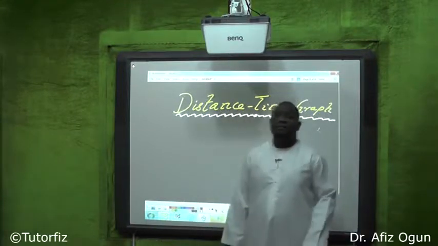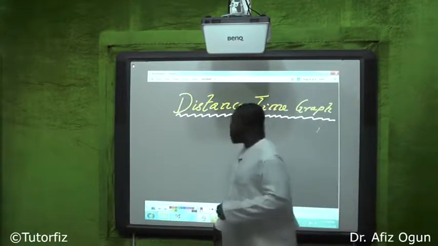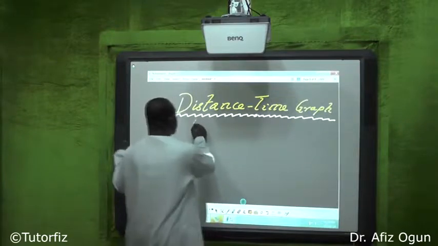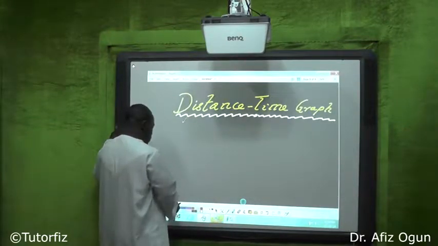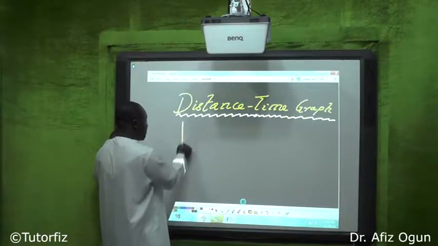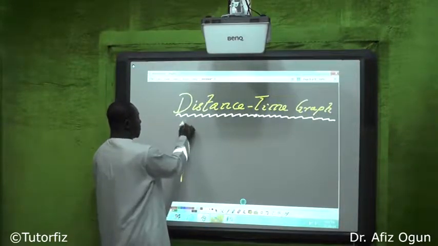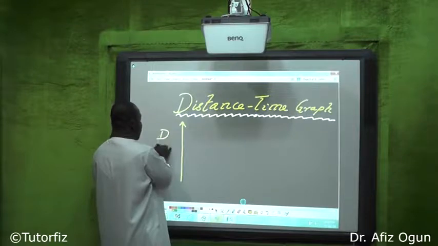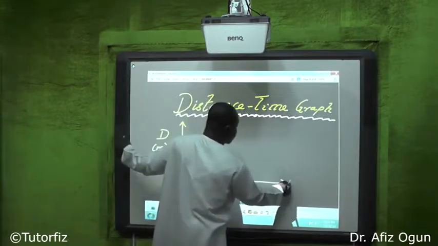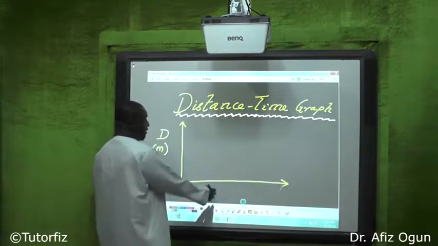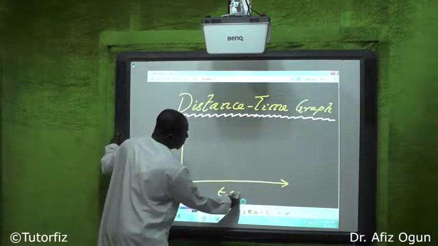In a distance time graph, we draw the distance on the vertical axis and we label it in meters. That's the SI unit of distance. And the time on the horizontal axis, and we label it as time in second.